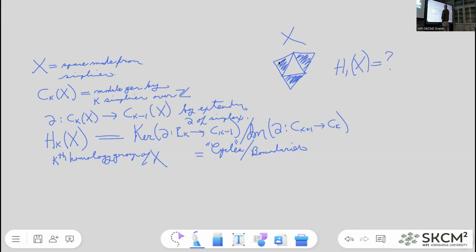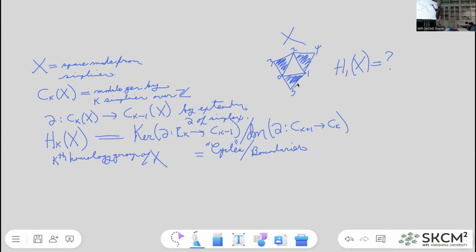I would have to orient these somehow. So let's just put 0, 1, 2, 3, 4, and 5, and now they're glued together according to our assumptions about simplices, right? And then this would be susceptible to this definition.